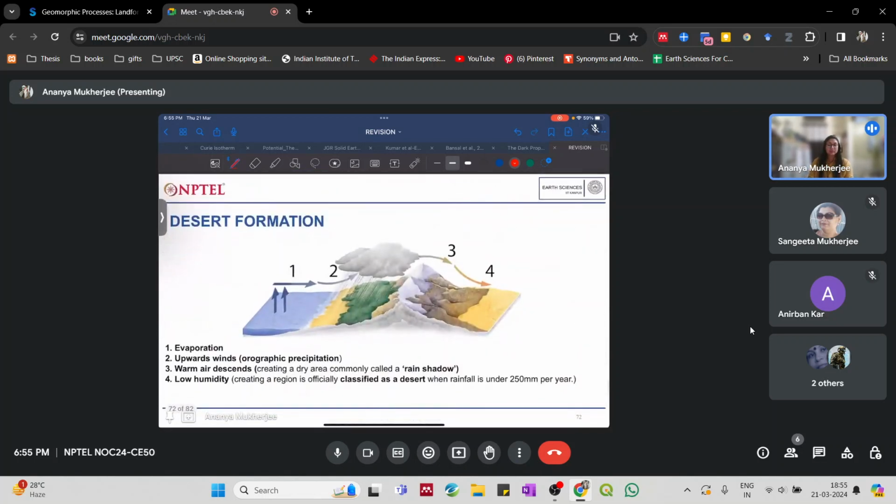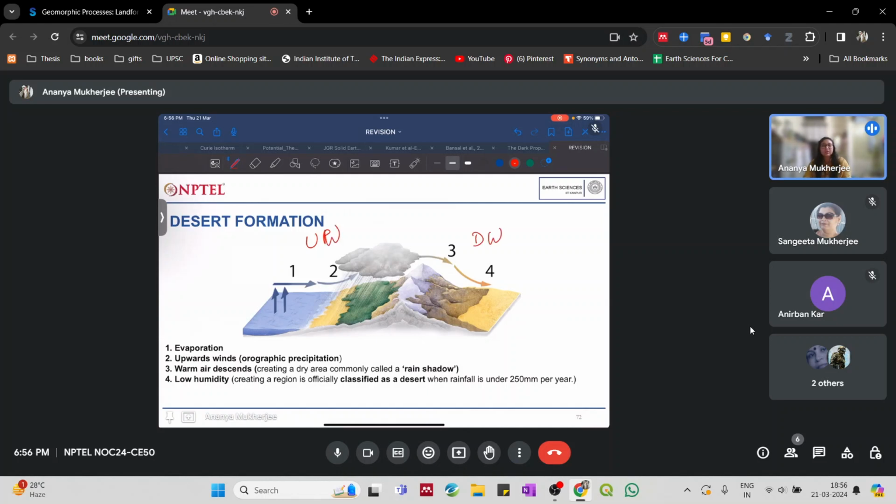How deserts are formed, we had explained: they form in the area called the rain shadow area. Because of orographic precipitation, most of the moisture from the air is precipitated out in the upwind part of the movement of the wind, and this is the downwind.